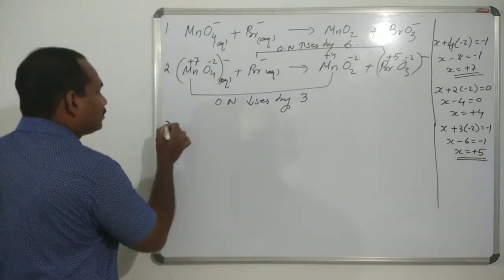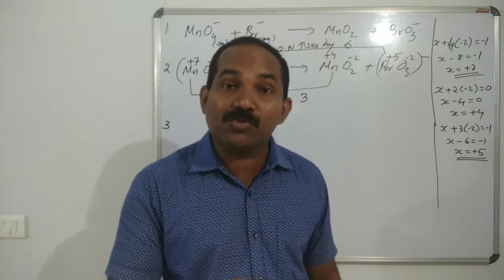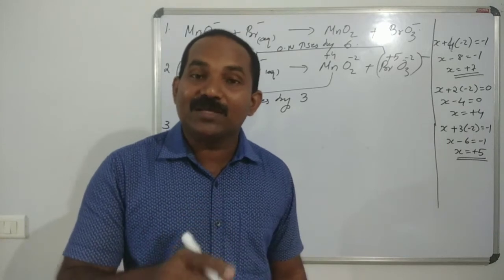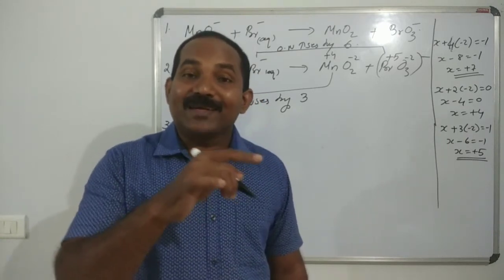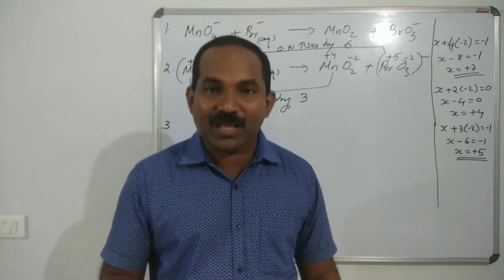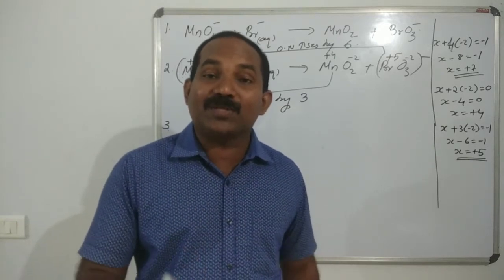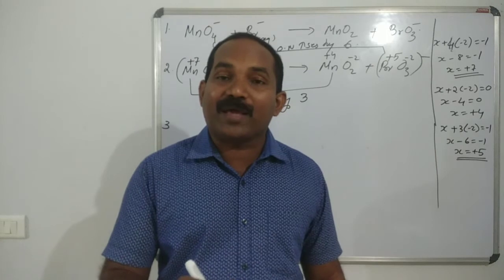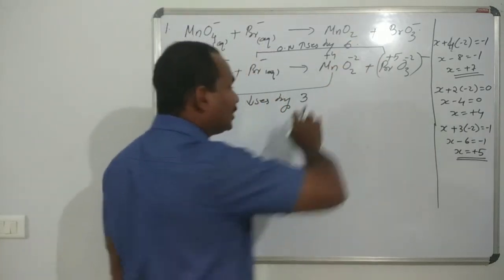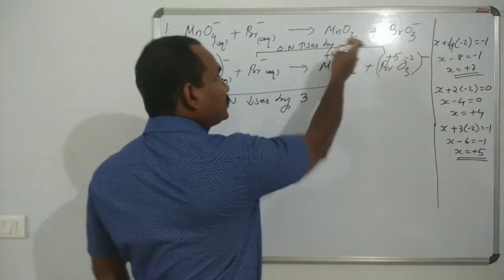Then the third one: multiply with a suitable coefficient in order to make equal changes. That means the increase and the decrease in the oxidation number must be equal. We multiply with a suitable coefficient. 6 and 3, LCM is 6. How to make 3 into 6?